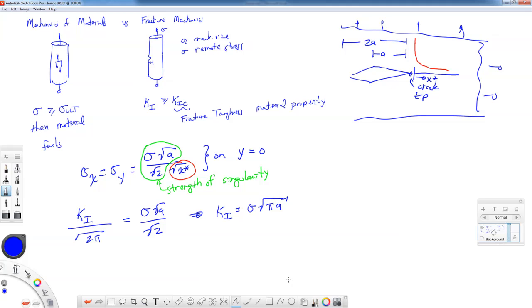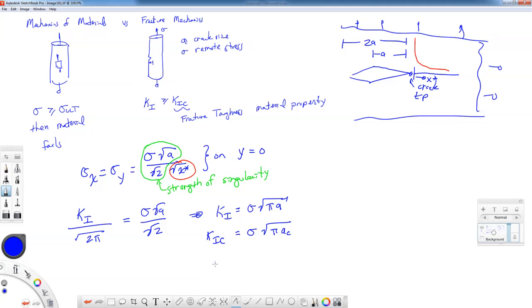Okay, well, what does that do for us? Well, if we know our material property, K1C, one thing we can do is, if we're given a constant stress, we can solve this for a critical crack length. So at a certain stress level, what crack size do I need in order for this crack to propagate?